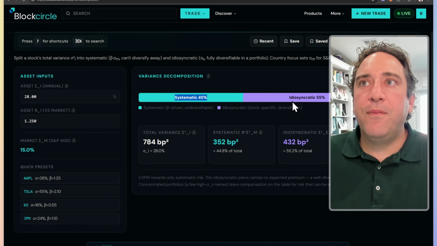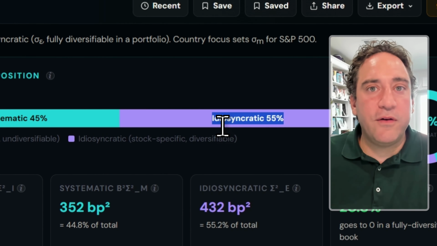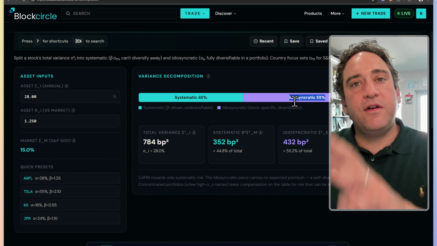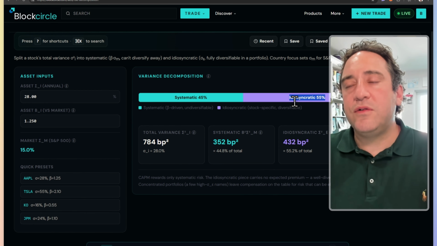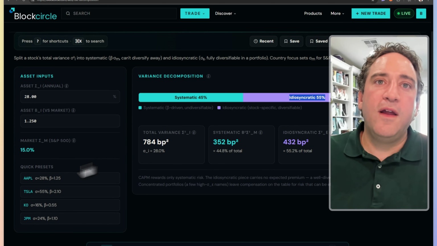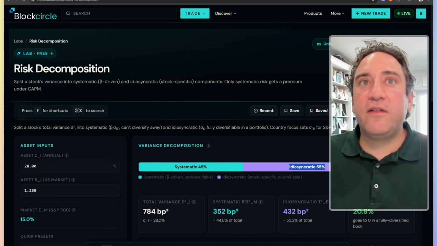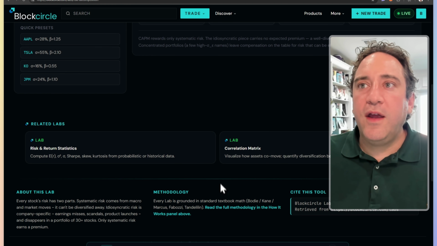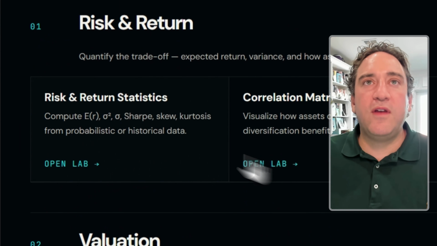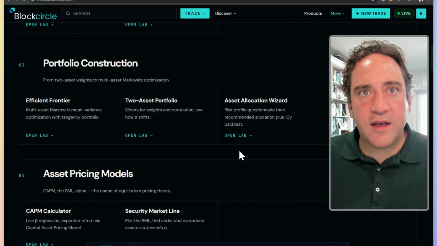Obviously, I could spend hours speaking about this, but this gives you a good fundamental understanding of how to understand and evaluate risk when you're making decisions. And really, this is just one example, right? If you go back to the main investment lab suite itself, you'll see again 5 categories, 12 tools as of today.